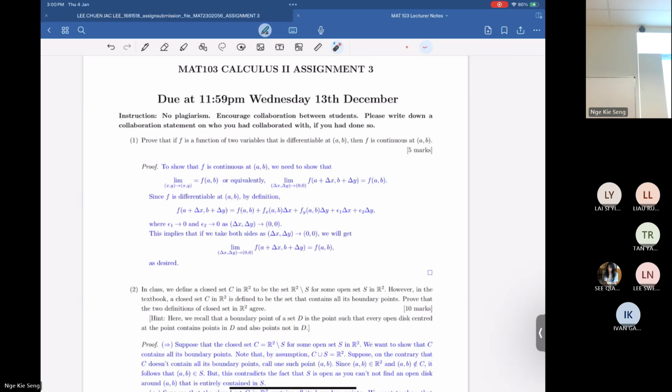So I took the marks off there. If you have any dispute about your marks, you can talk to me. If you think I gave your marks wrongly, you can come and argue with me. That's fine, because sometimes I will overlook things. And I have posted the solution already.